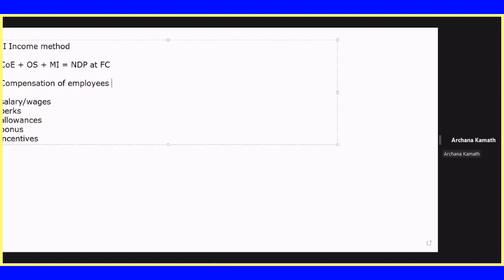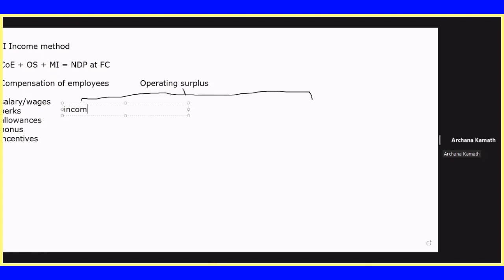The second one is operating surplus, which is very important. Operating surplus is divided into two. One is income from property.